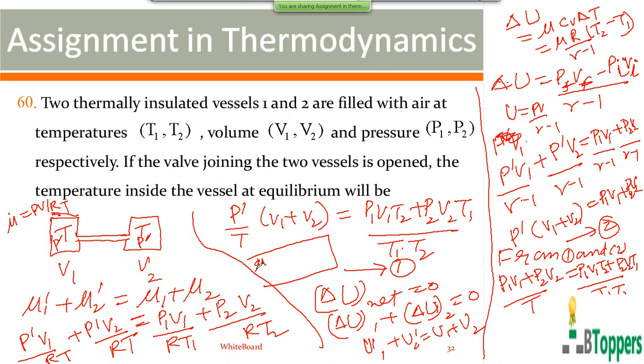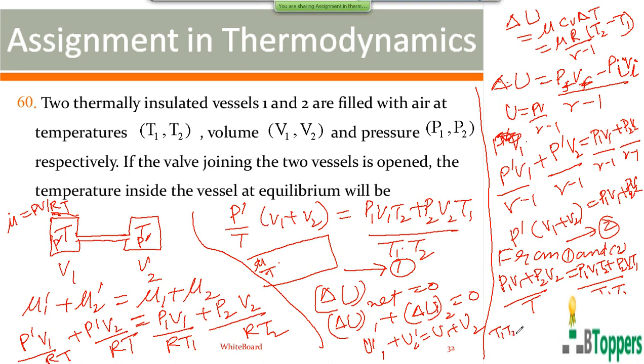So those who want to copy the solution of the problem, please take a pause and copy the solution of the problem. So from this you get T equal to, you can find the value of T from this. T1, T2. You can write the result yourself. Please take a pause and complete calculation.